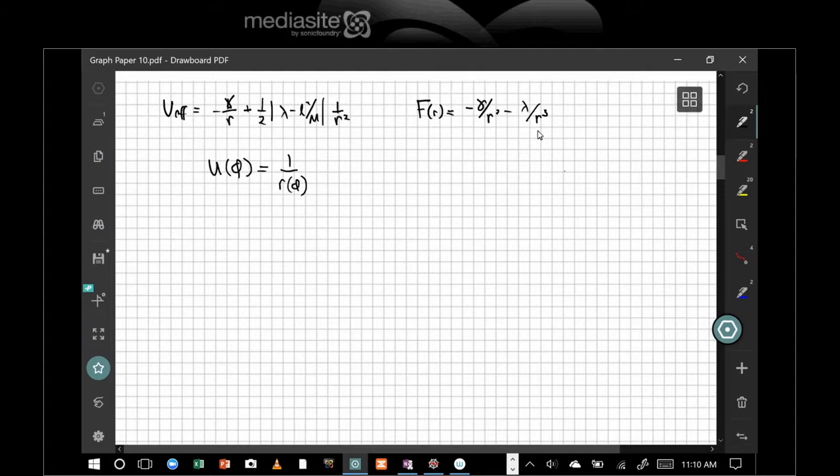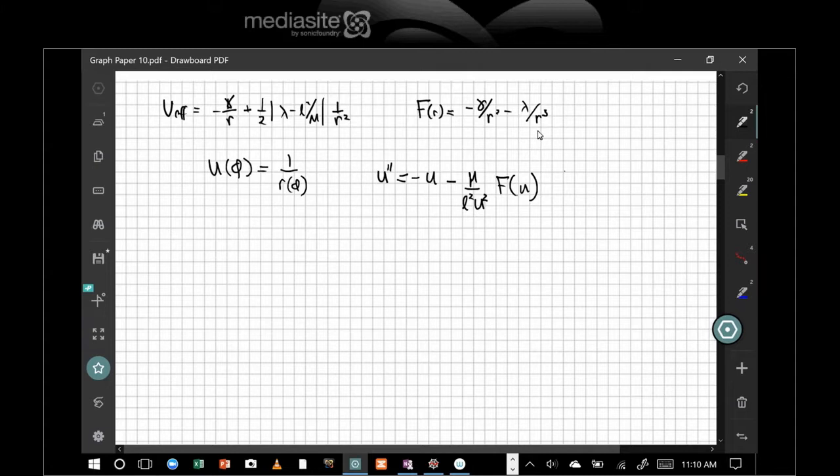The differential equation I derived in class shows that u double prime, the second derivative of u with respect to phi, is equal to minus u of phi, plus mu, that's the reduced mass, over L squared u squared of phi, times the force written in u. So that's my differential equation.